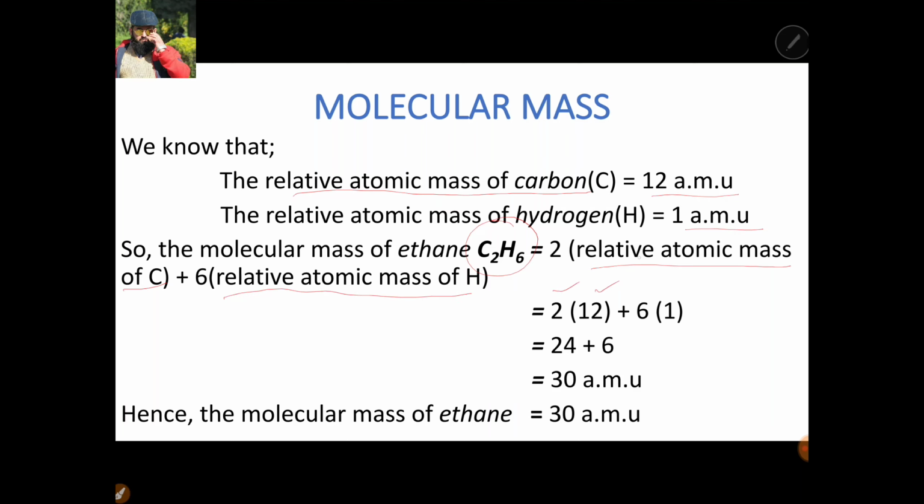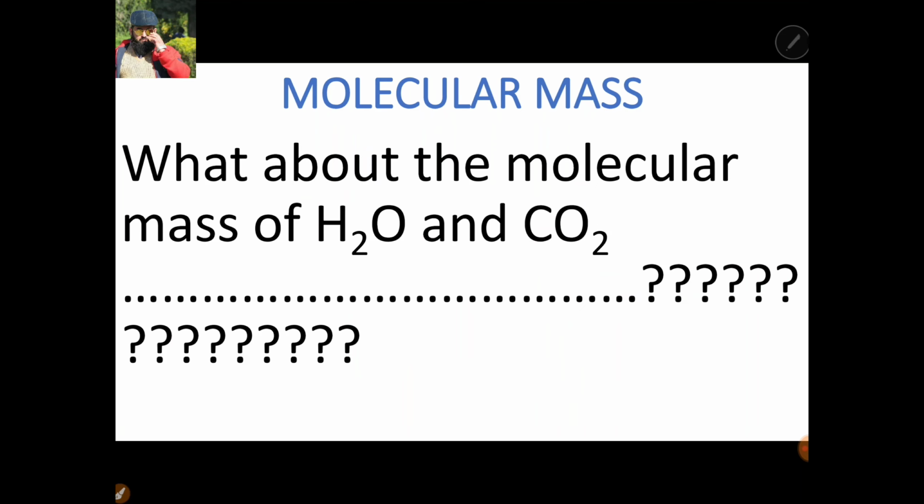So 2 multiplied by 12, plus 6 multiplied by the relative atomic mass of hydrogen, which is 1. The total comes out to be 30. So 30 is the relative molecular mass, or we can say the molecular mass, of ethane.